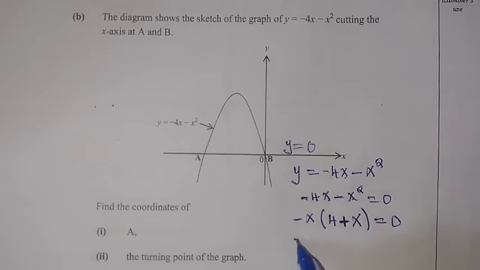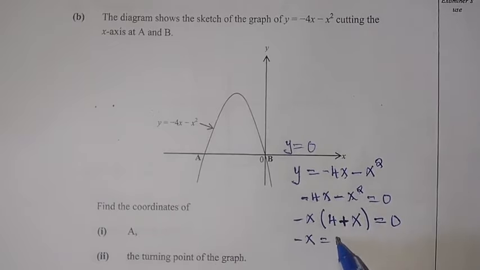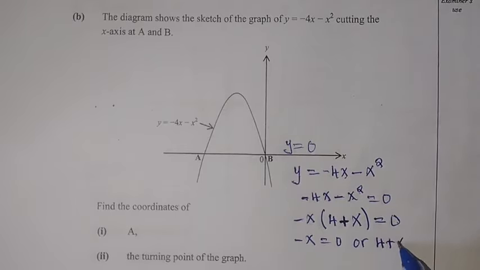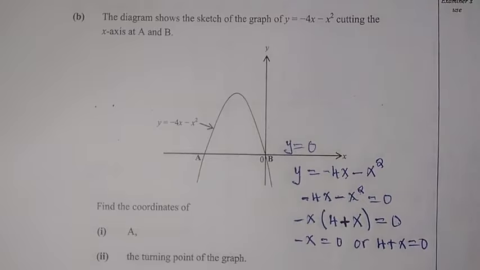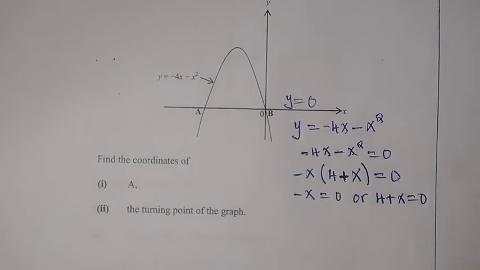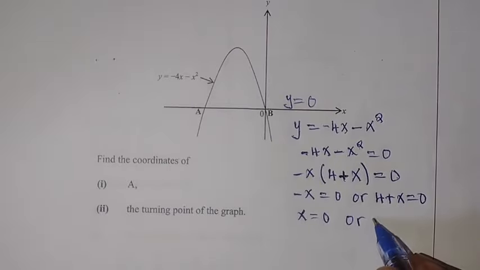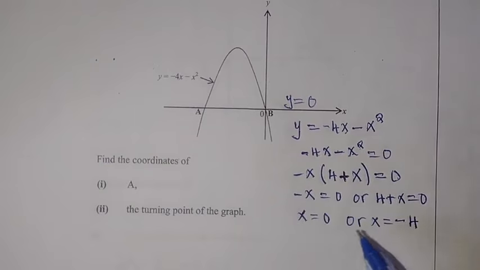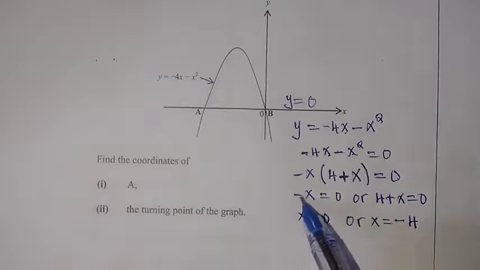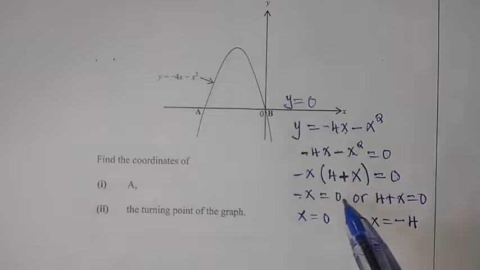Then from here, we can say negative x is equal to 0, or we can say 4 plus x is equal to 0. Then from here, what are we going to do? I can say x equals 0 or x equals negative 4. What has happened here is we have negative x, we can divide by negative 1, even here negative 1.